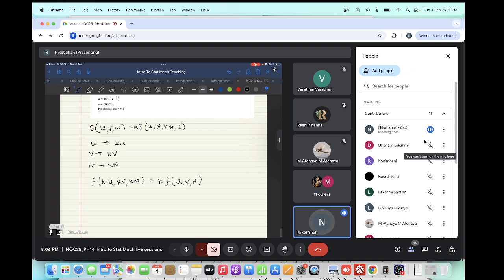So let's see whether that applies to the above entropy equation. S of KU, KV, KN is equal to KN S of KU by KN, KV by KN, 1. K gets cancelled.